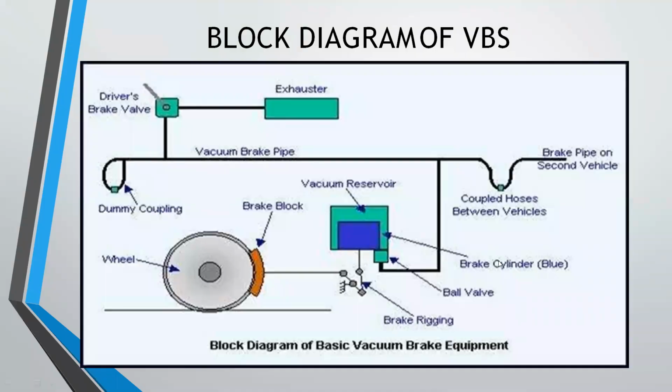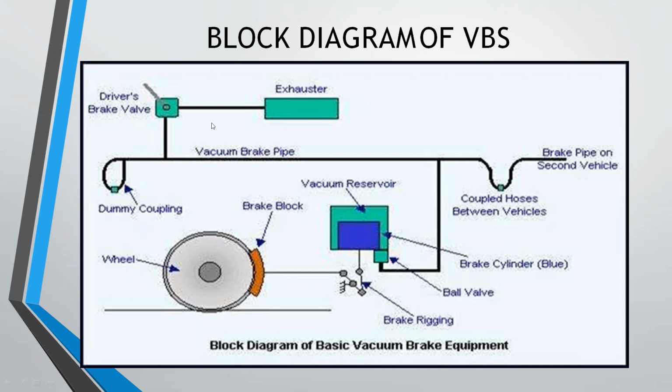You can see the block diagram of the vacuum braking system and its different components. There is an exhauster and a driver's brake valve, connected to the dummy coupling, with a brake pipe on the second vehicle.